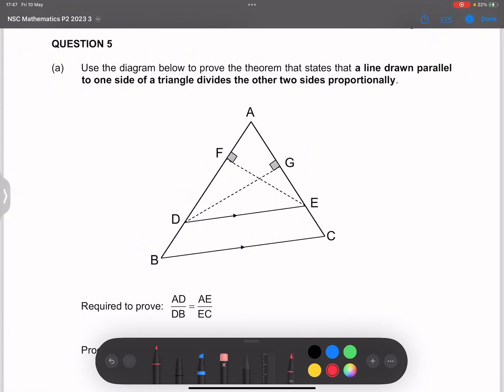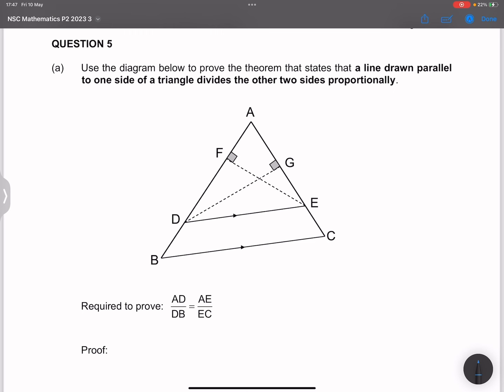They say use the diagram below to prove the theorem that states that a line drawn parallel to one side of a triangle divides the other two sides proportionally. This is really quite simple, but it can be complicated if you don't know what you're doing.